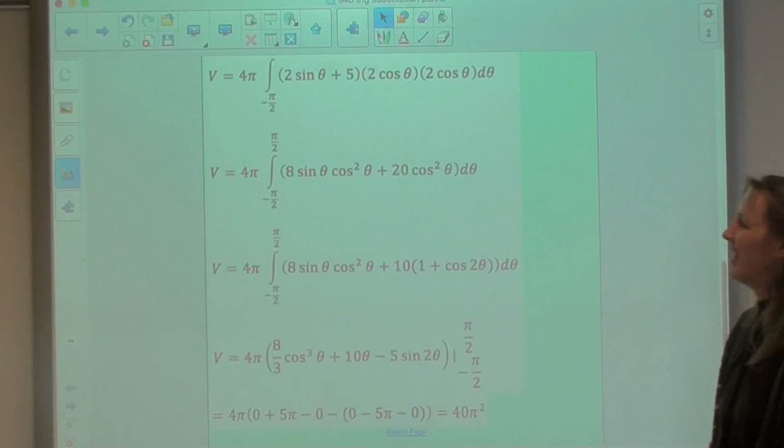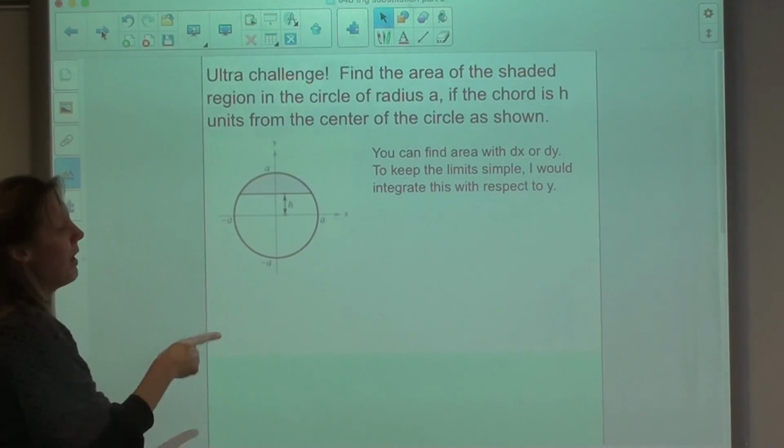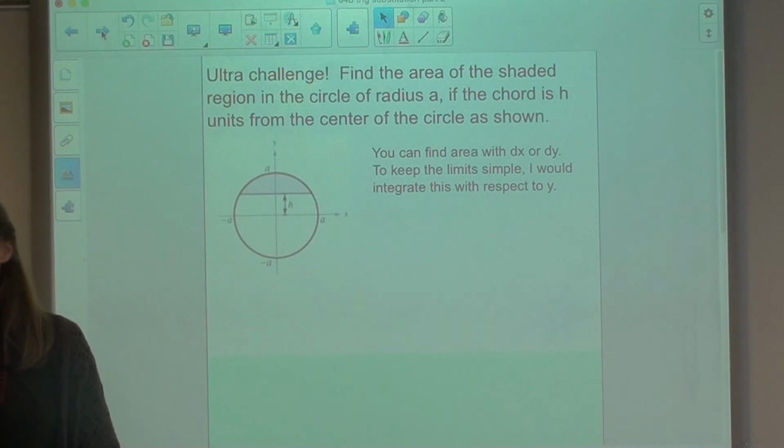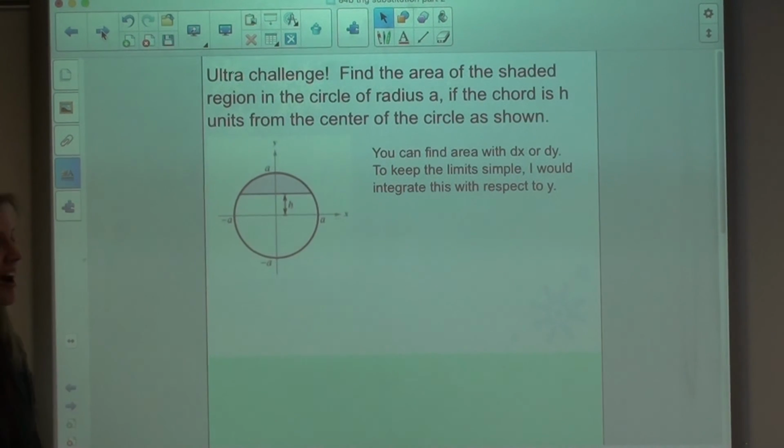Alright, this problem you do not have to do, but it is an extra fun, really challenging problem. If over the weekend you're sitting around and want a really challenging trig substitution problem, you can give this one a try.